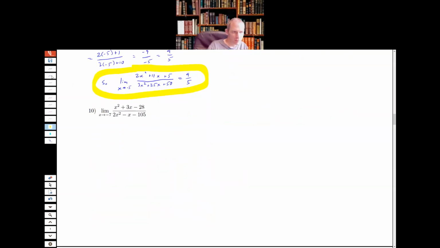All right, another limit. So once again, we're going to try direct substitution. So I have negative 7 squared plus 3 times negative 7 minus 28 up top. 2 times negative 7 squared minus the opposite of 7 minus 105.